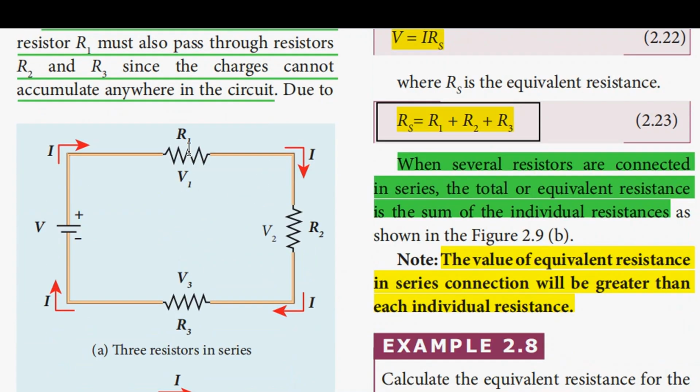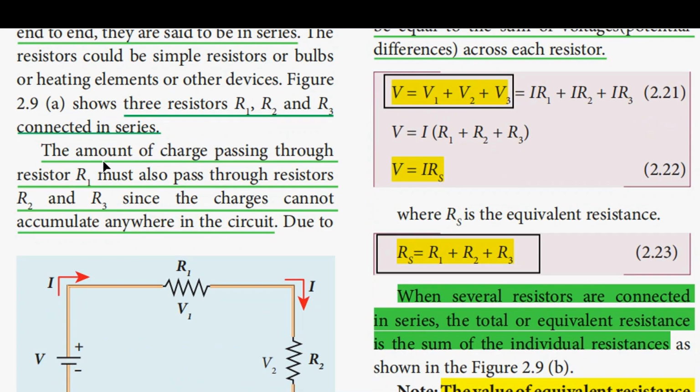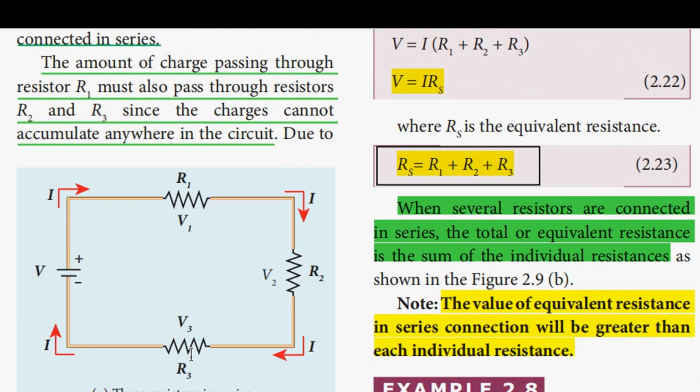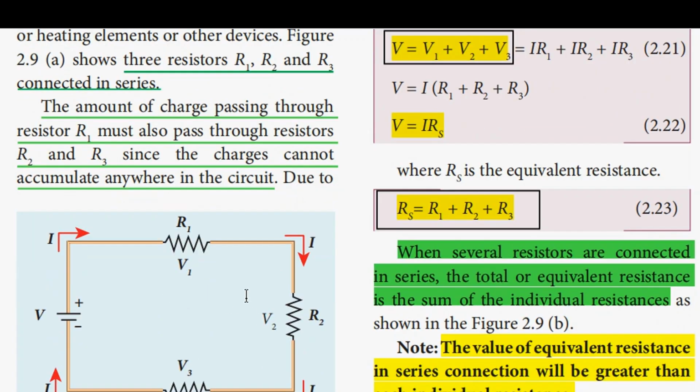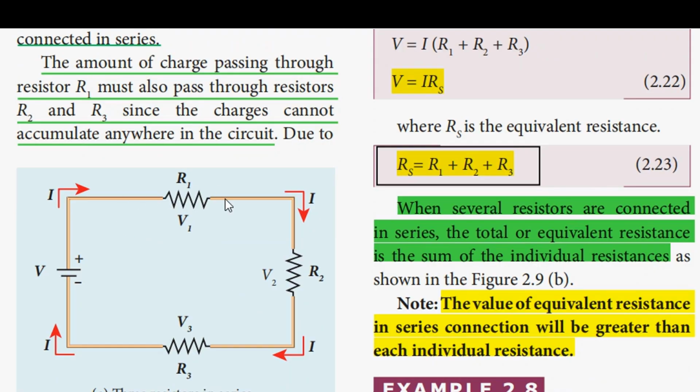So here in this diagram 2.9a, there are three resistors R1, R2 and R3 which are connected in series. The amount of charge passing through the resistor R1 must also pass through the other two resistors R2 and R3 since the charges cannot accumulate anywhere in the circuit.